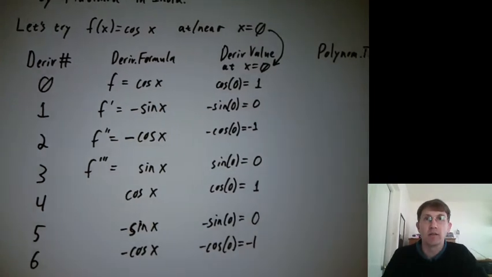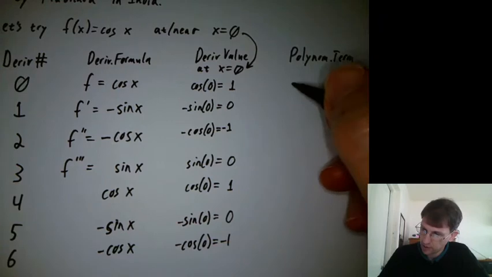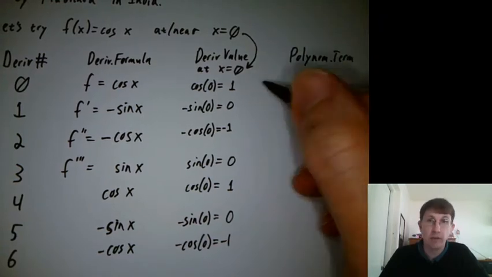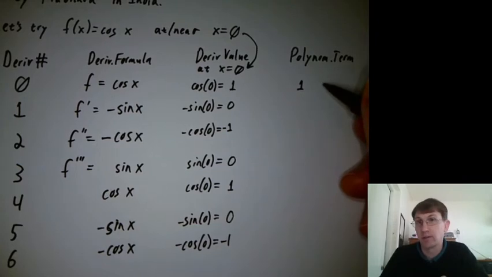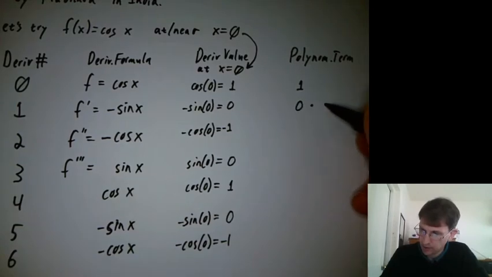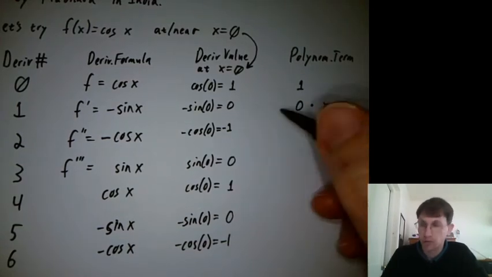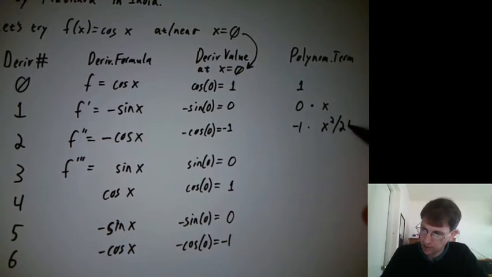All right, and then let's go fill in the polynomial terms. How about this one? It would just be the 1. You could say 1 times 1 over 0 factorial times x to the 0, but we usually don't bother writing that. This one would be 0 times x. This would be negative 1 times x squared over 2 factorial.